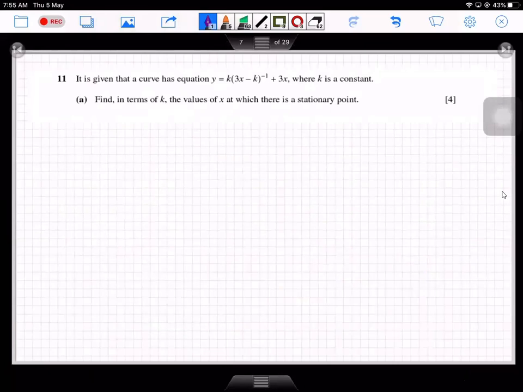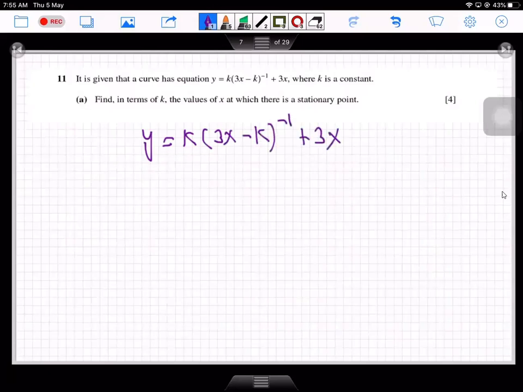Find in terms of k the values of x for which there is a stationary point. Obviously for a stationary point, you need to keep dy over dx equal to 0. So first of all, the equation of the curve is y equals k times (3x minus k) raised to the power minus 1 plus 3x.